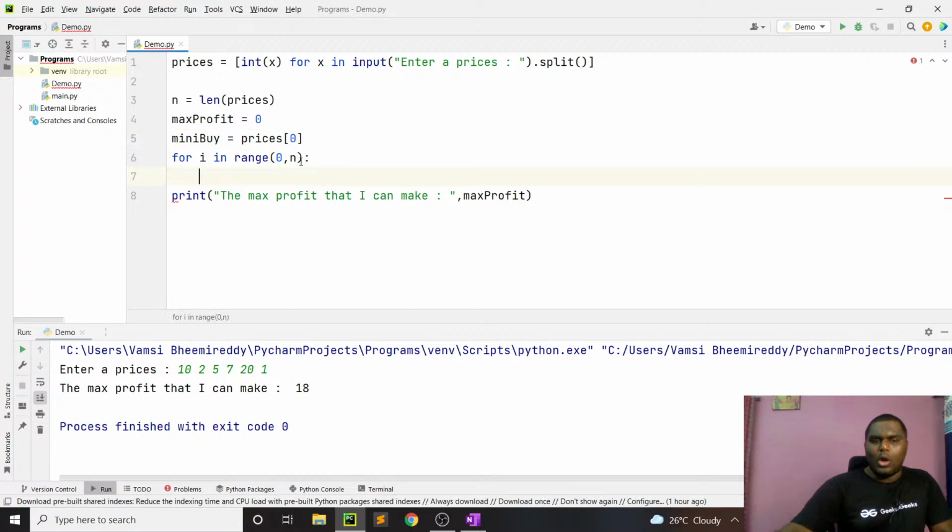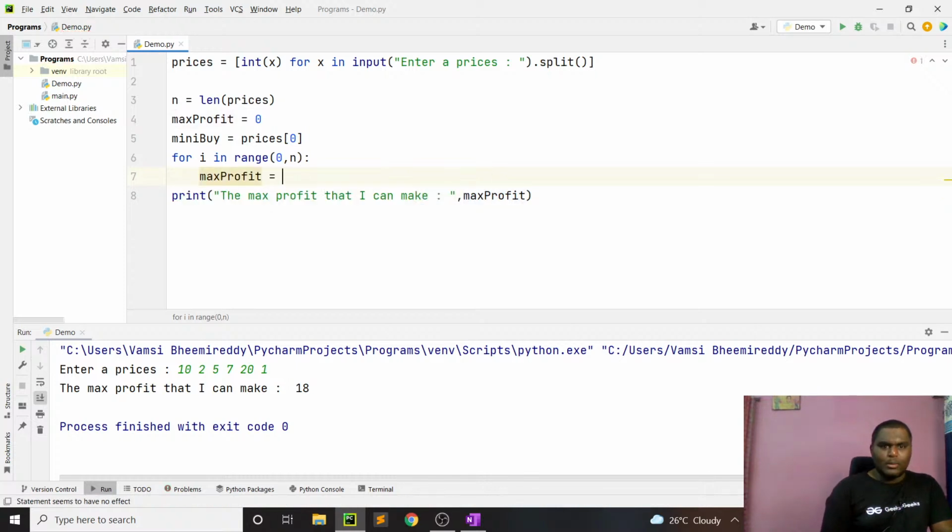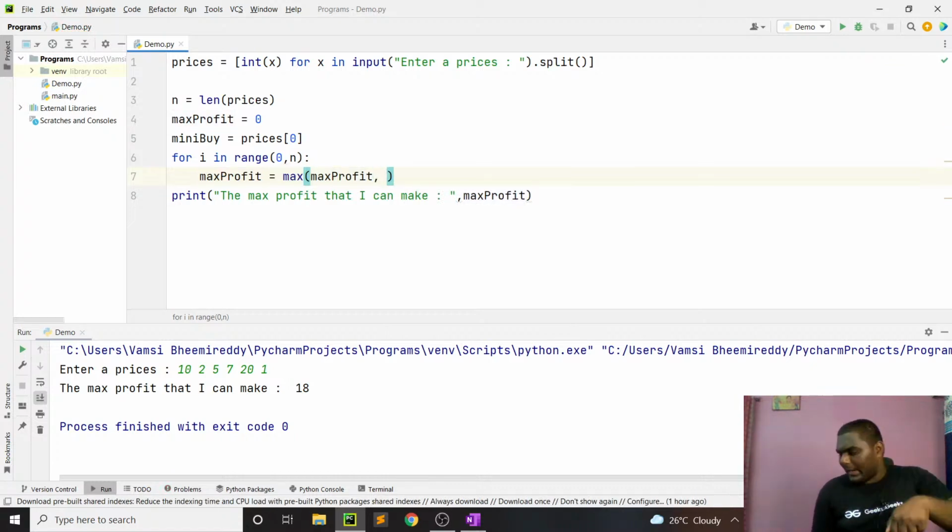Now what I need to do? The max profit equals max of max profit, comma, you are currently selling at the current day, so it would be prices of i minus min buy.